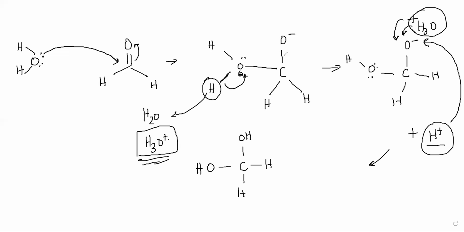If you have electronegative atoms like halogens next to the carbon atom of the carbonyl group, it will increase the extent of hydration. It will increase the formation of that alcohol, all because of the inductive effect. So this is the first time he is mentioning the inductive effect here.